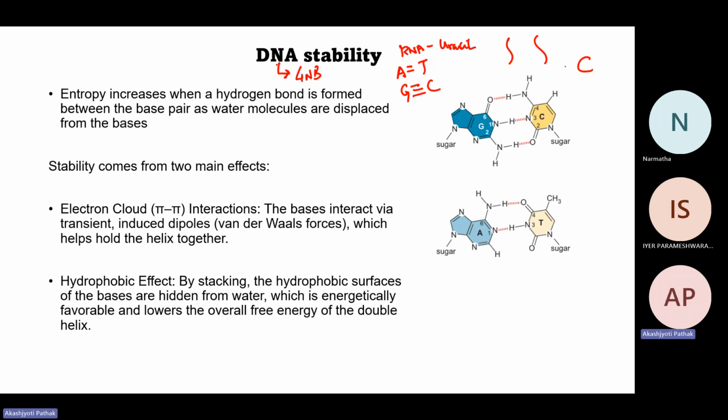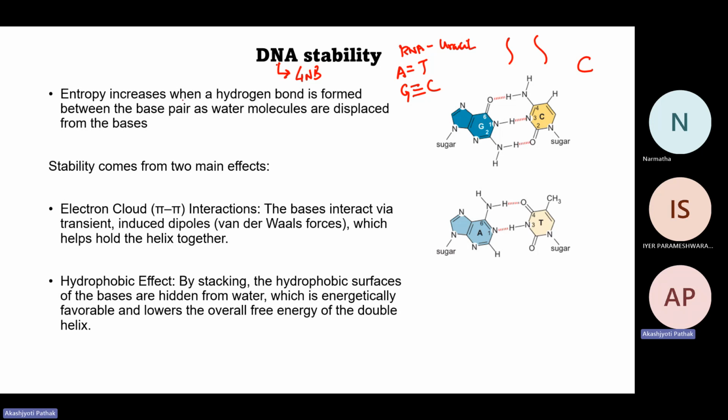Now, when these nitrogenous bases have to form hydrogen bonds with each other, the hydrogen bonds between the water molecule and the nitrogenous base have to be broken, and they have to form new hydrogen bonds with the other nitrogenous base.